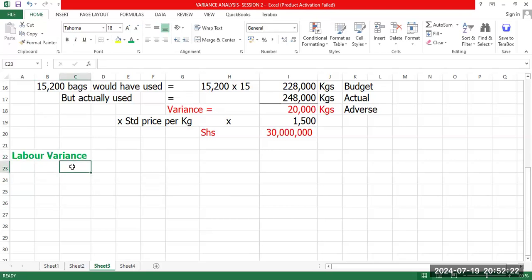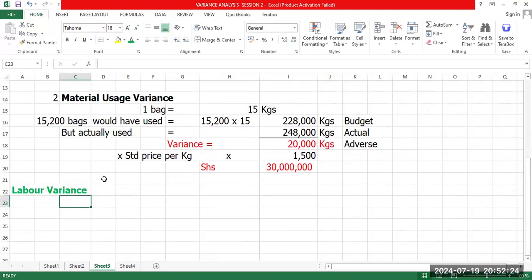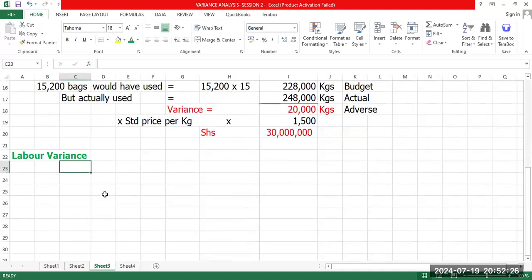Under labor variance, we have, who can recall? We have labor rate variance.